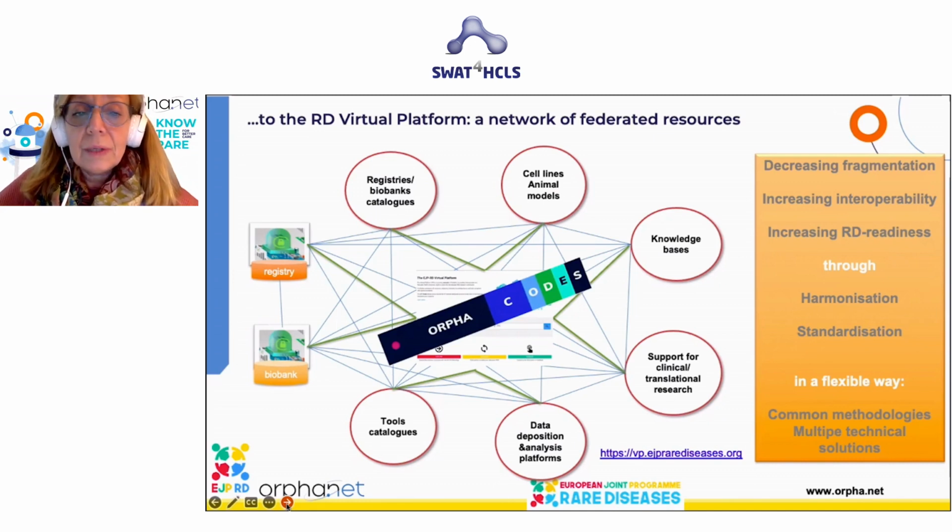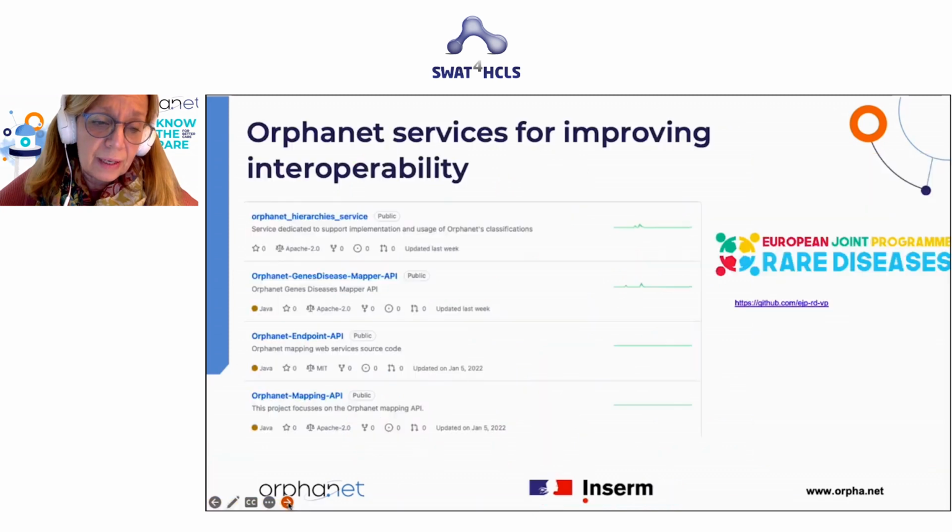So what we are trying to do in this federated system that we call the virtual platform, you had a workshop on that, so I won't go into much detail, is to have now, based on ORPHA codes, but also based on data models, a way to interoperate between different resources that are completely heterogeneous, but work together for rare disease research because they are tackling the different dimensions of this multi-dimensional rare disease field.